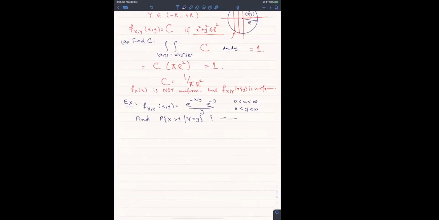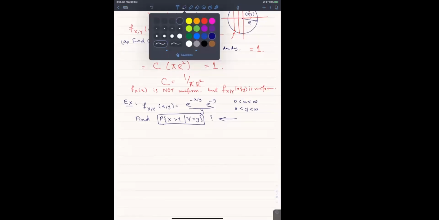In order to answer this question, I need a conditional PDF of x given y is equal to y. Given capital Y is equal to small y, I need the conditional PDF of x. Okay. So how do I solve this?